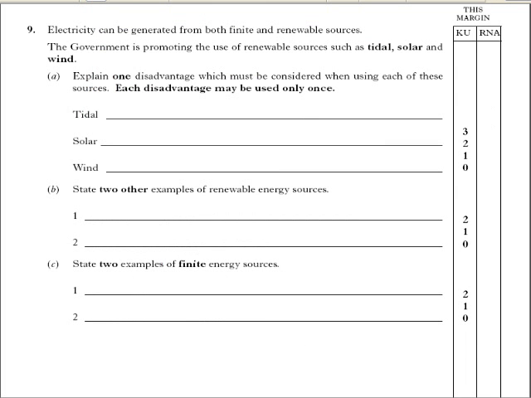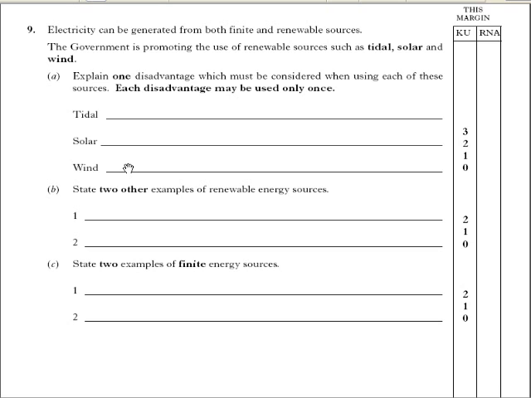Electricity can be generated from both finite and renewable resources. The government is promoting use of renewable sources such as tidal, solar and wind. Explain one disadvantage which must be considered when using each of these sources. Each disadvantage may be used only once. Disadvantage of tidal: it's a big expensive installation. Solar power: you're relying on the sun, and the sun won't always be shining.